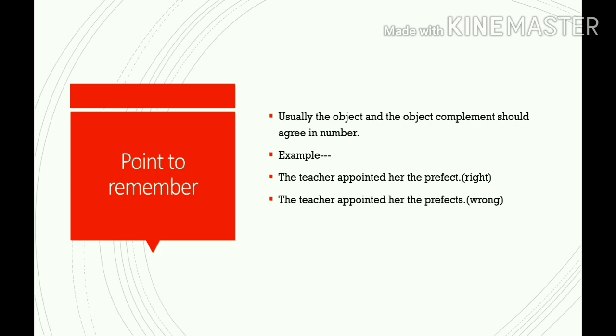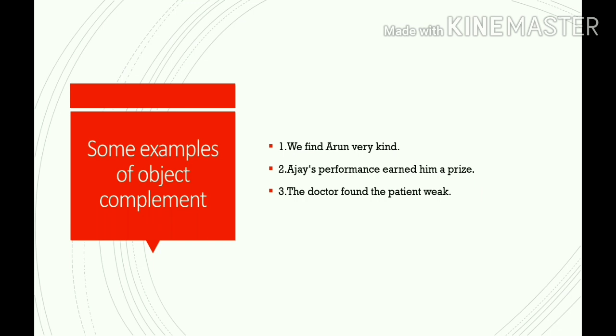Now come to the next slide. Here are some examples to understand this. We find Arun very kind. In this sentence, if we say we find Arun, then the sentence looks incomplete.